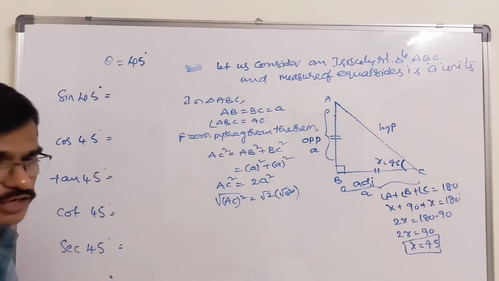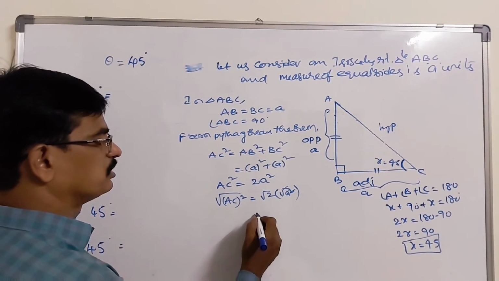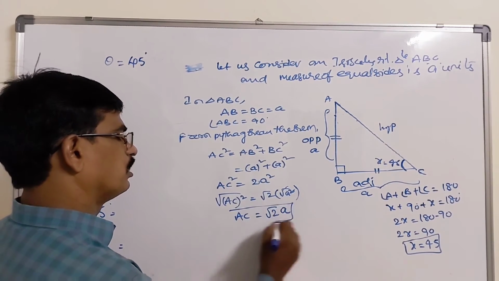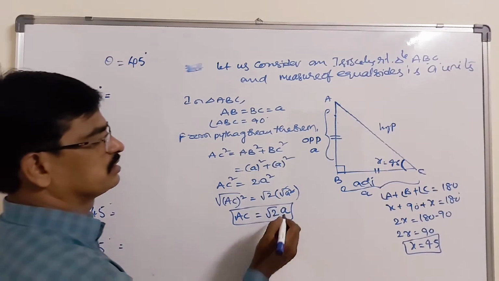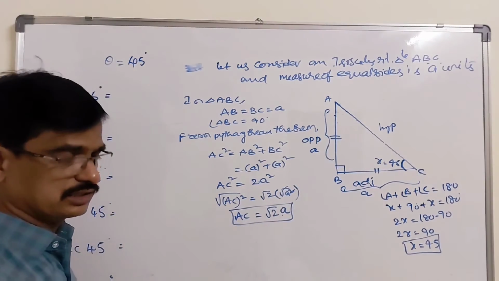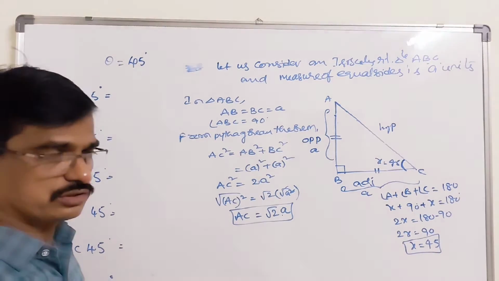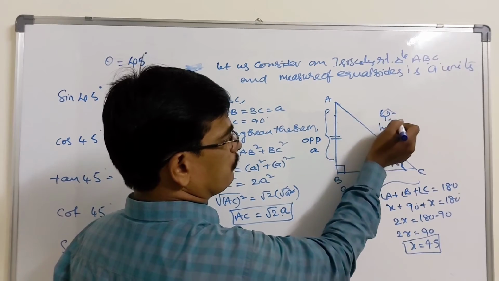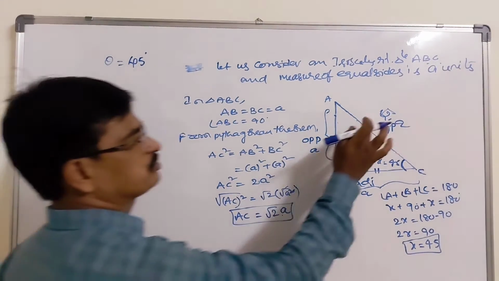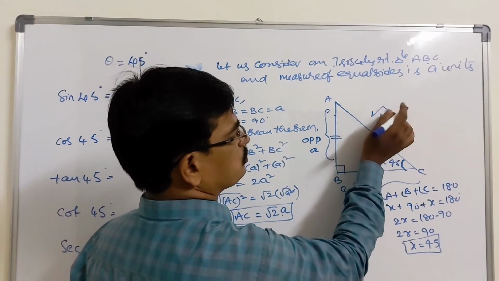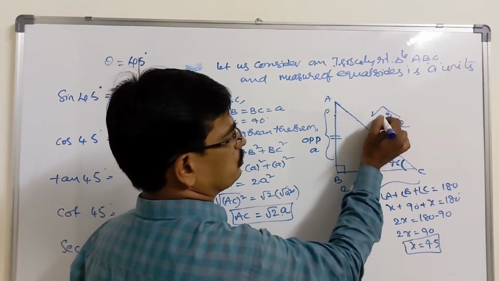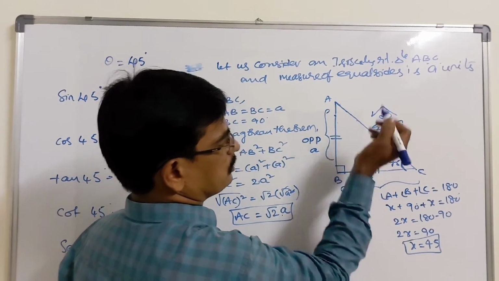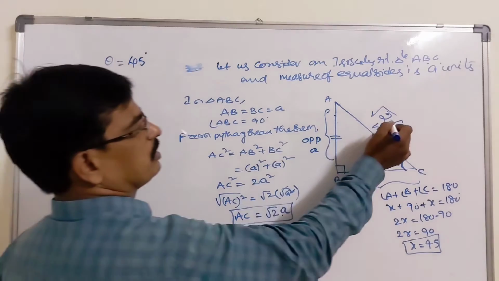Here square root and square cancel out, then root 2 into a. That is, the length of the hypotenuse in an isosceles right triangle is equal to root 2 times the equal side.